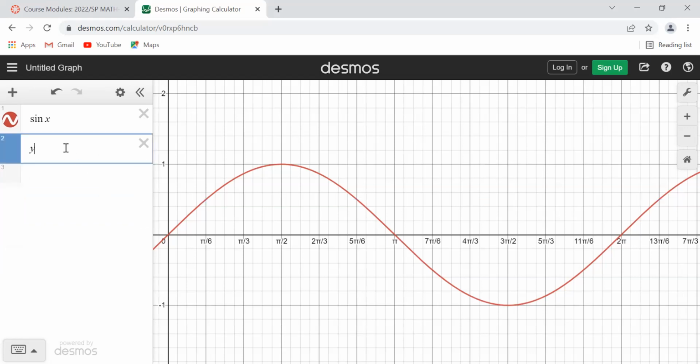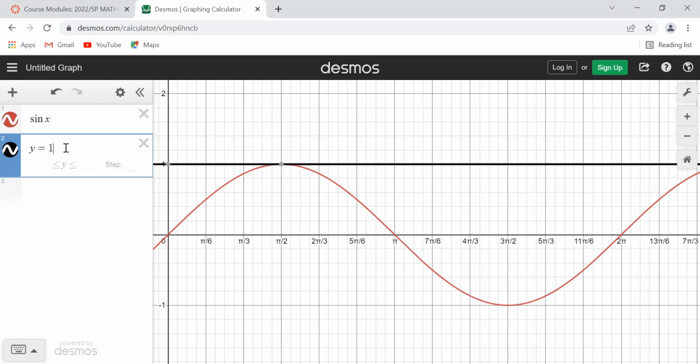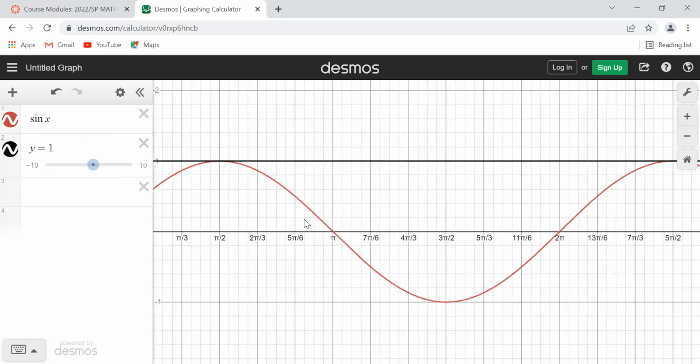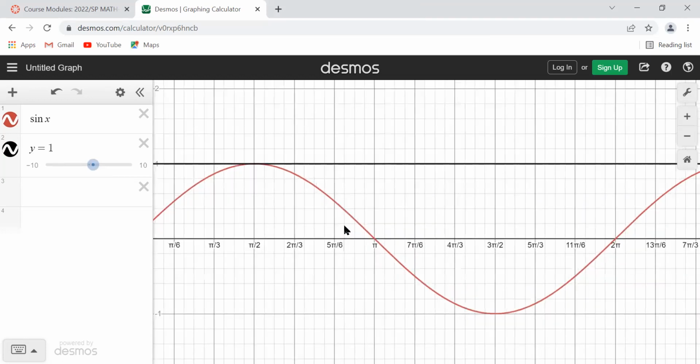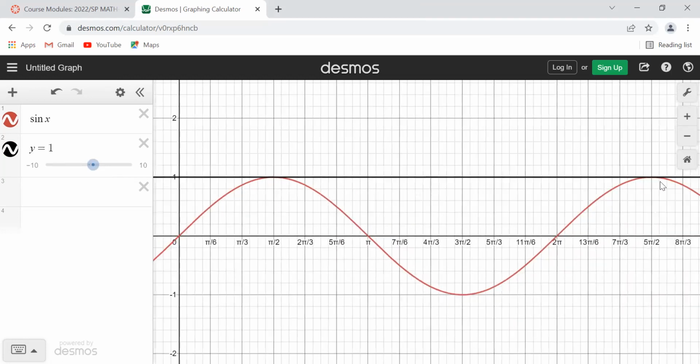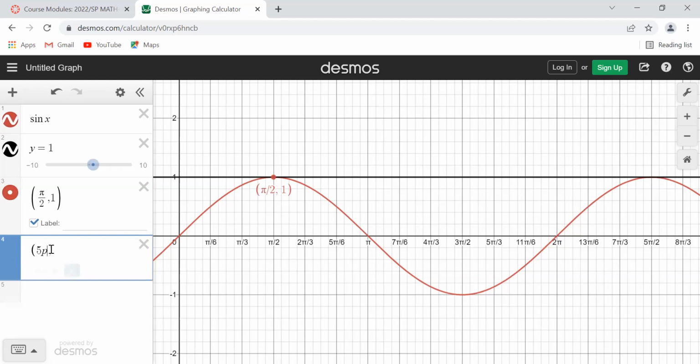This time we draw the horizontal line y equals 1. You can see that it passes through at least two points. One point is pi over 2, 1, and the other point is 5 pi over 2, 1. So we have another point here.